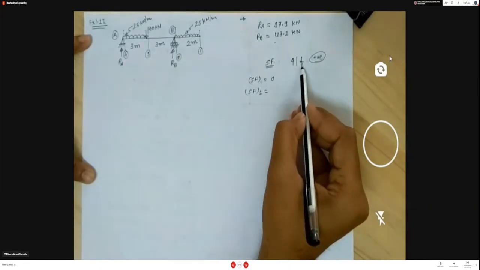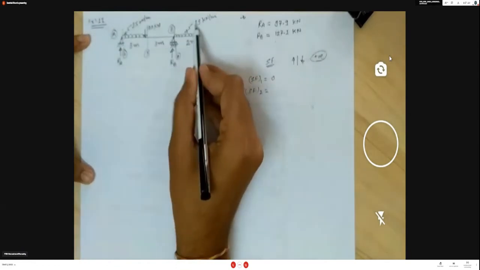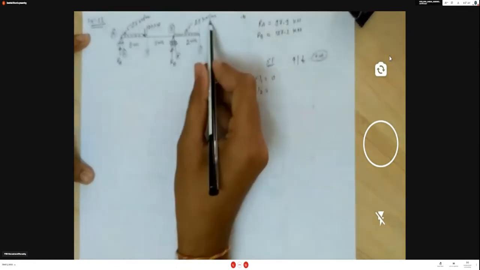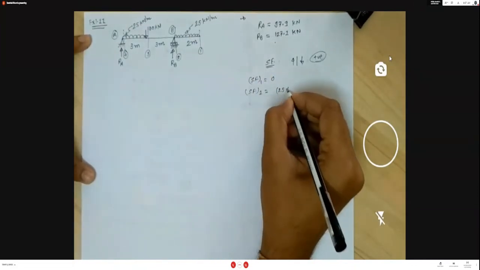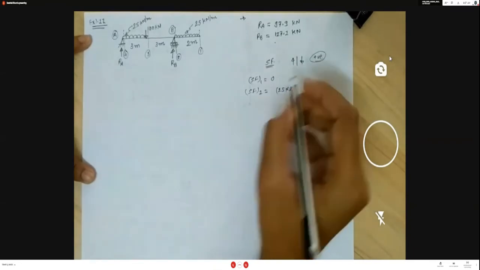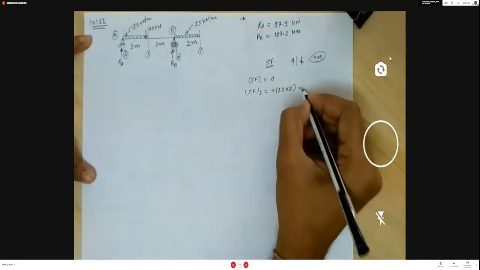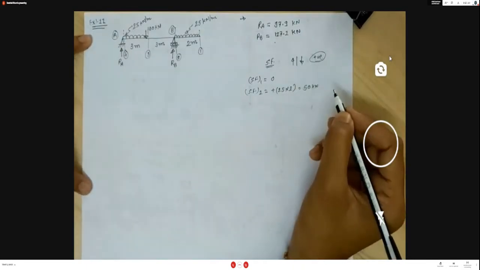Right hand side sign convention, downward positive. So on the right hand side only 25 uniformly distributed load over a 2 meter span, downward. So total unbalanced is 25 into 2, and this is downward, so right hand side downward is positive. So we get 50 kN.